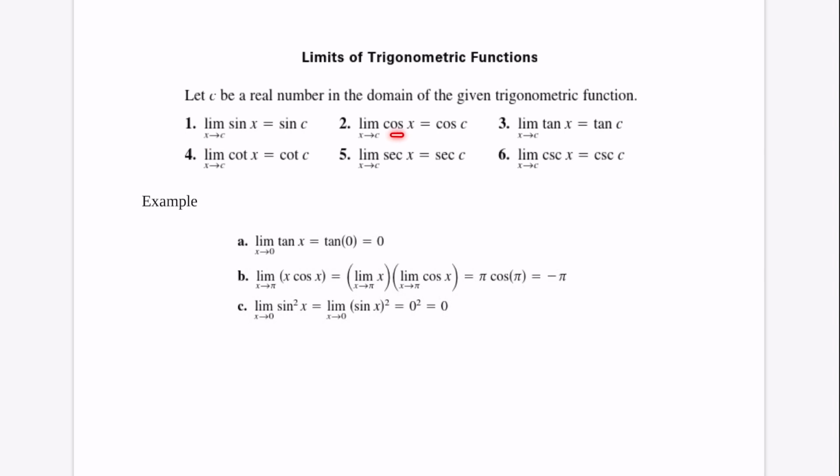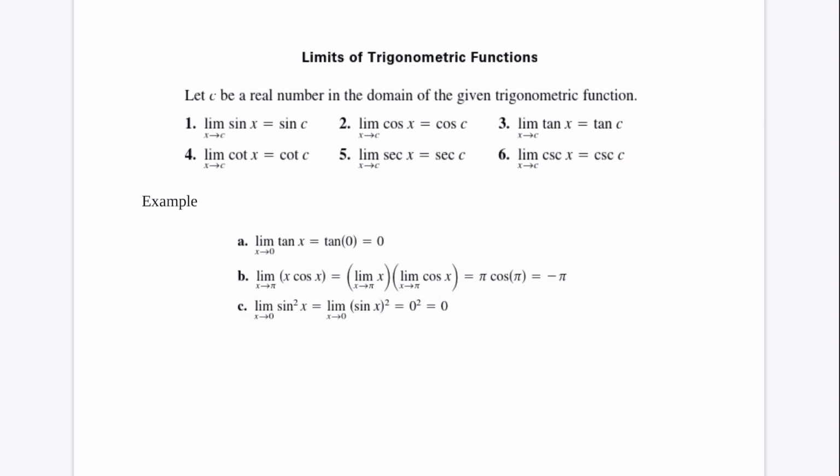If I have the limit of cosine x as x approaches c, we substitute c wherever we see x, and that will be cosine c. The same applies to tan, cotan, sec x, and cosecant x.